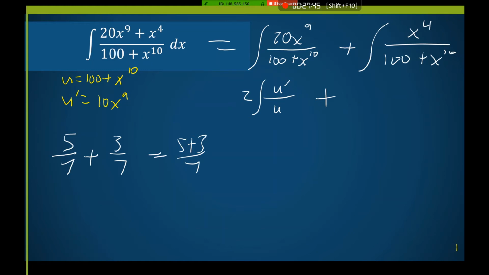What does that tell us? My numerator is x to the 4th power. That is 1 less than half of my bottom part. Half of 10 is 5, minus 1 is 4. That's a clue that I need to use what type of function to solve this.